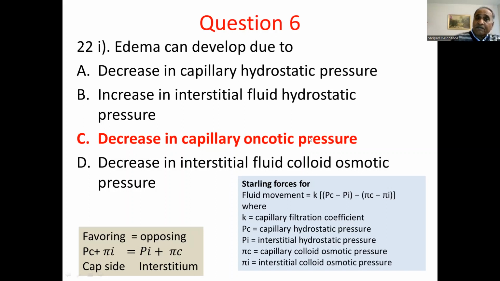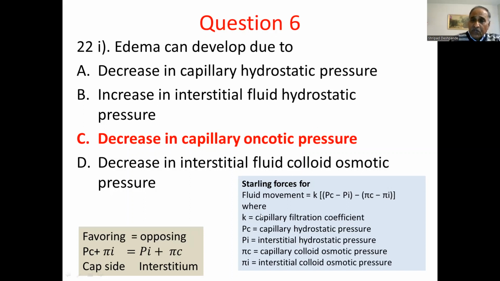Third, decrease in capillary oncotic pressure. If this is decreased, this favors the movement from capillary to the interstitium. Thus, there is edema. D, decrease in interstitial fluid colloid osmotic pressure. If this is decreased, the movement is towards the capillary side, into the circulation. Therefore, the answer to this question is a decrease in capillary oncotic pressure.